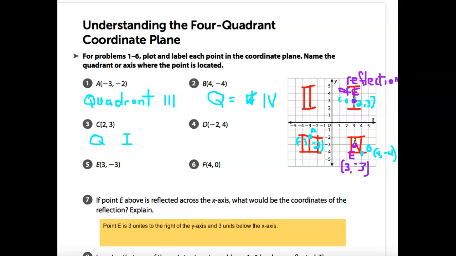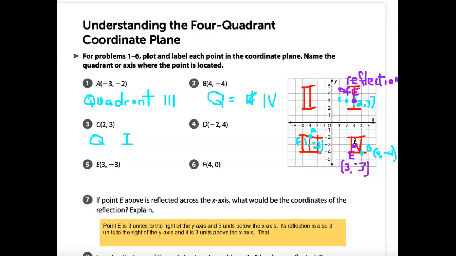So its reflection is also 3 units to the right of the y-axis, and it is 3 units above the x-axis.